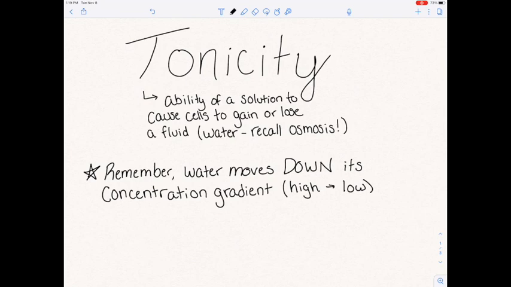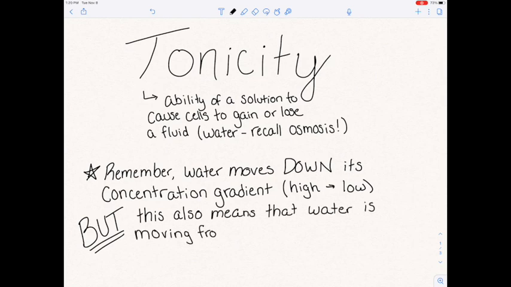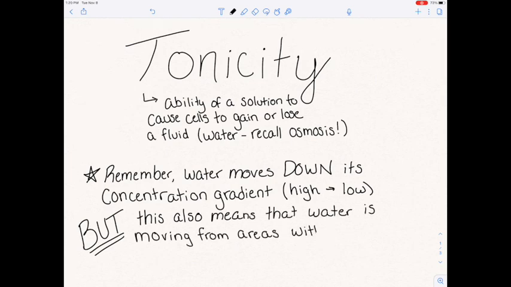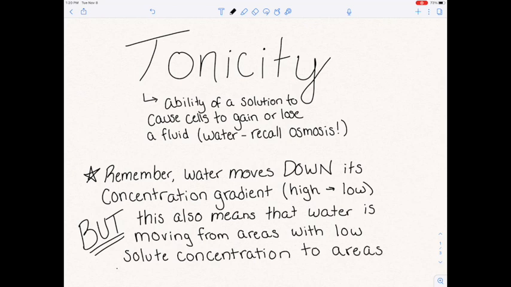What can be confusing is that this also means something else in terms of solute. Water is going to be moving from areas with low solute concentration to areas of high solute concentration.